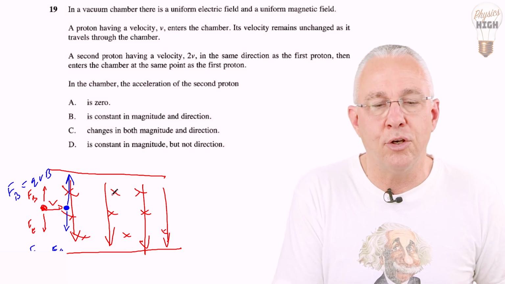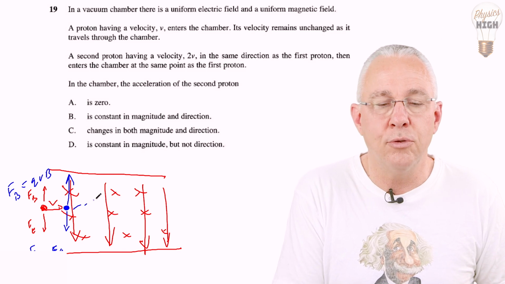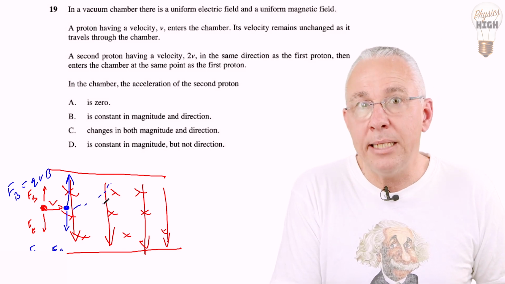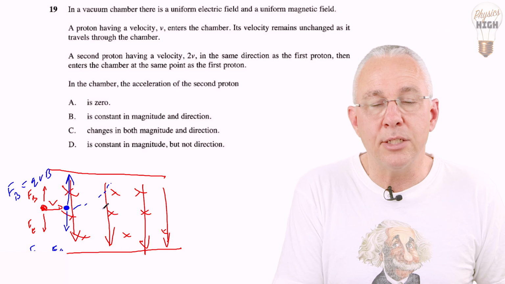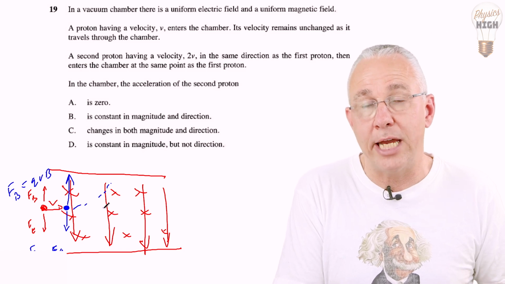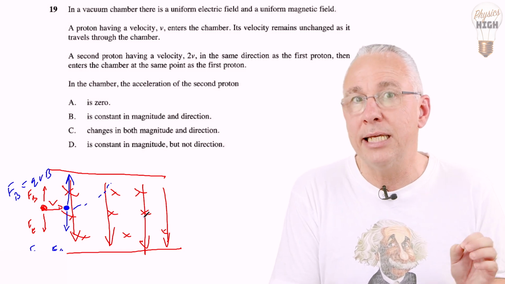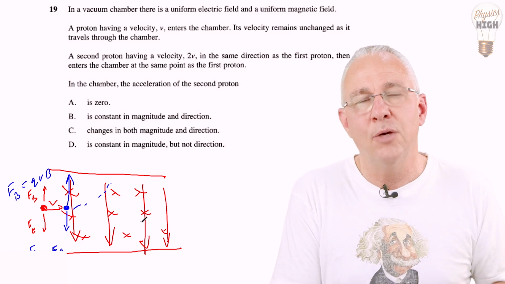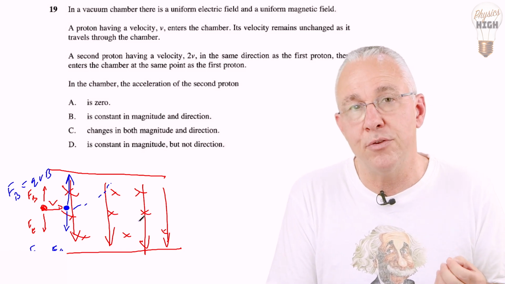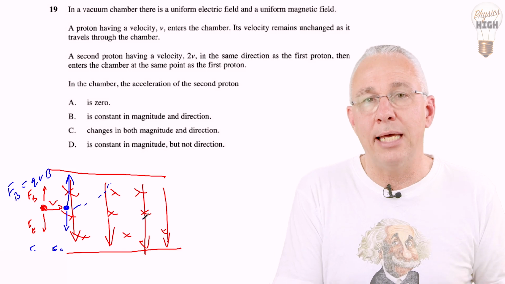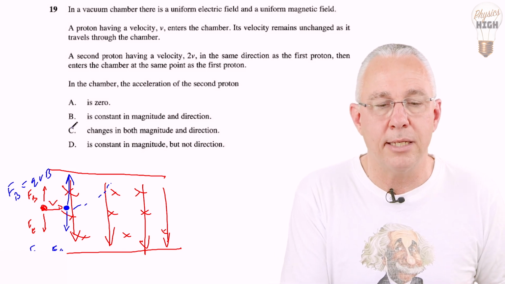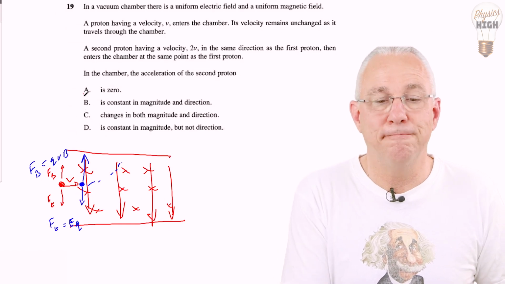It starts to curve, and that means it's going to start changing direction, which means it has a centripetal acceleration, so the acceleration is changing both in magnitude and in direction. So the answer becomes C.